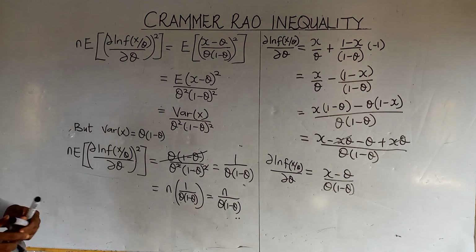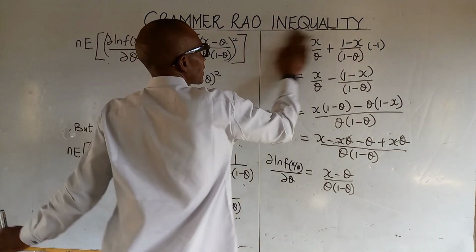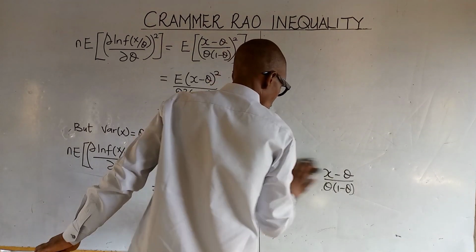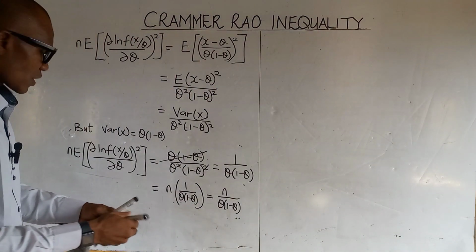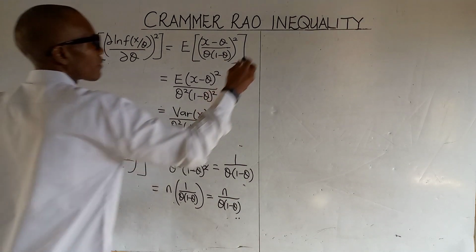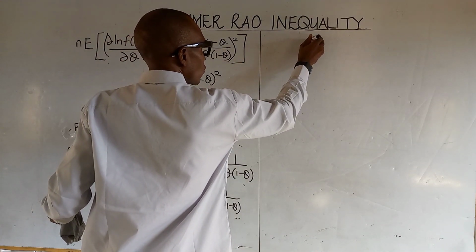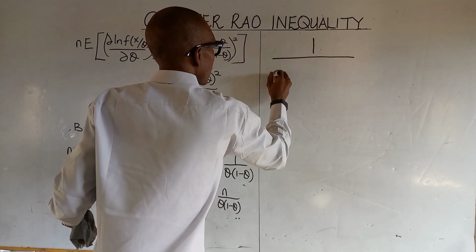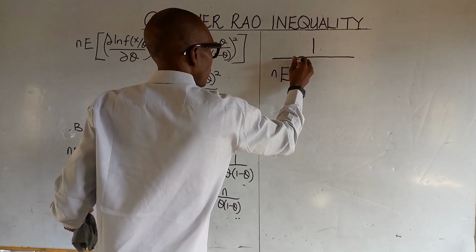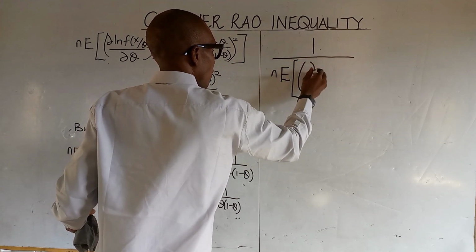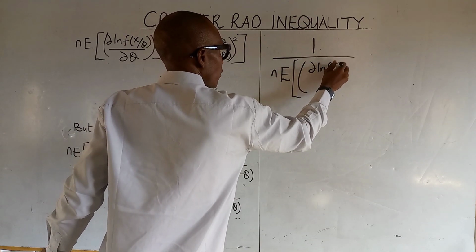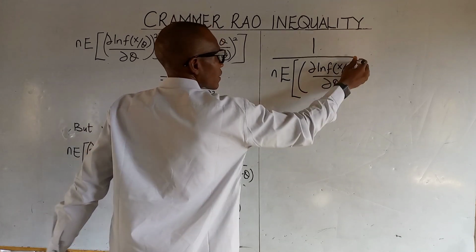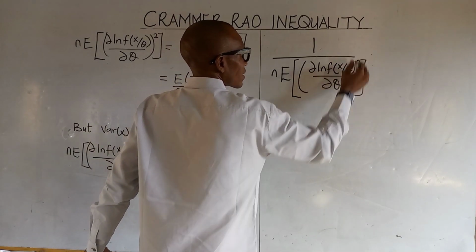But this is not the final answer because we have not compared it with the Cramer Rao inequality completely. The Cramer Rao inequality is 1 over n times the expected value of the derivative of the mean function with respect to theta, all squared.